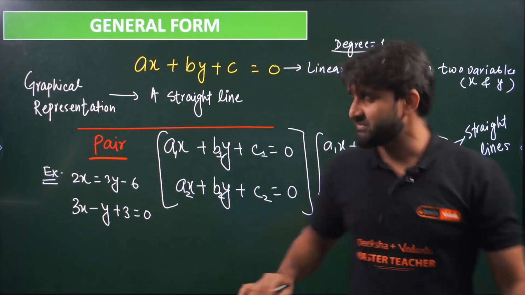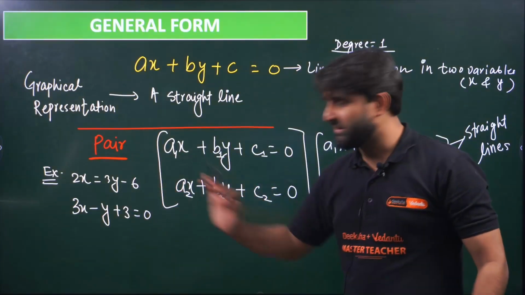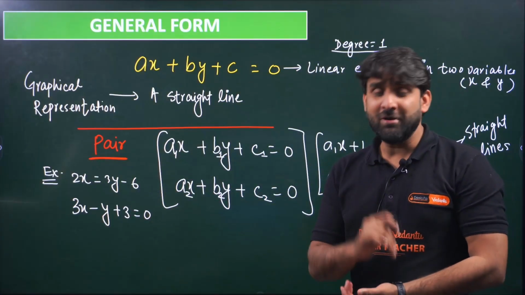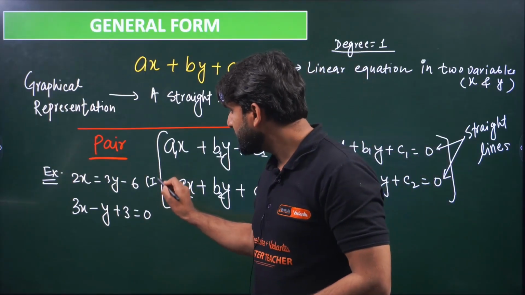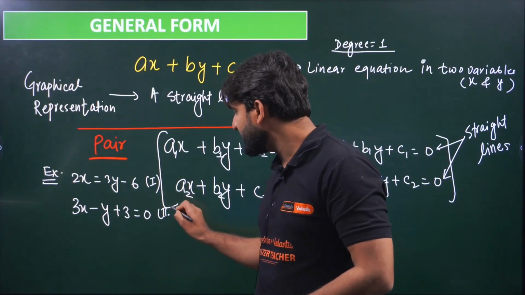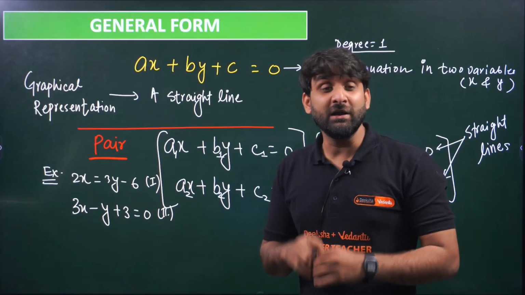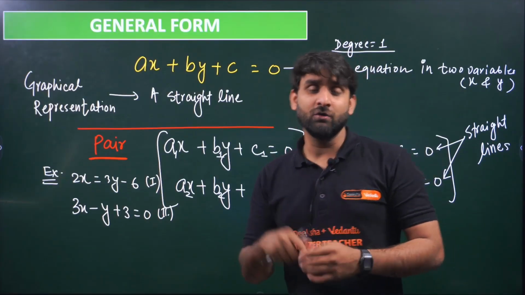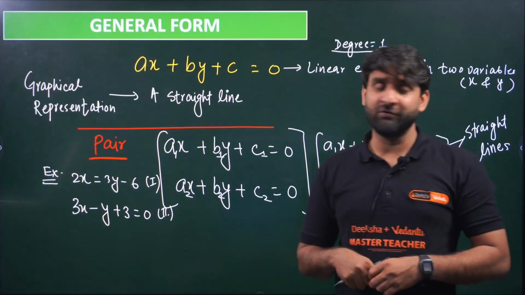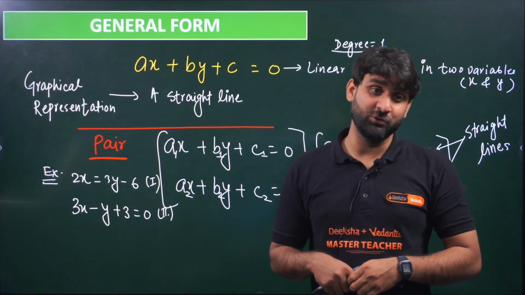I have two linear equations, the first linear equation and the second linear equation. Now, my dear champions, if I ask you to find a1, b1, c1, a2, b2, c2, how will you find the values of a1, b1, c1, a2, b2, c2?